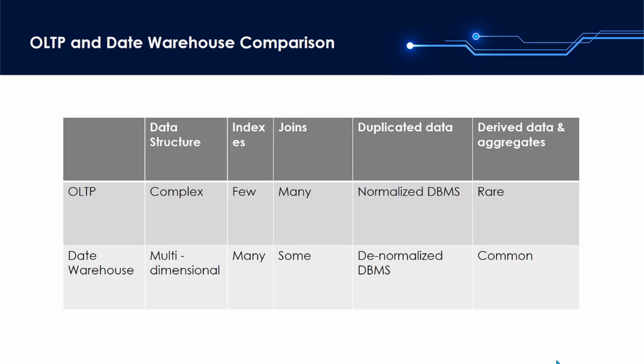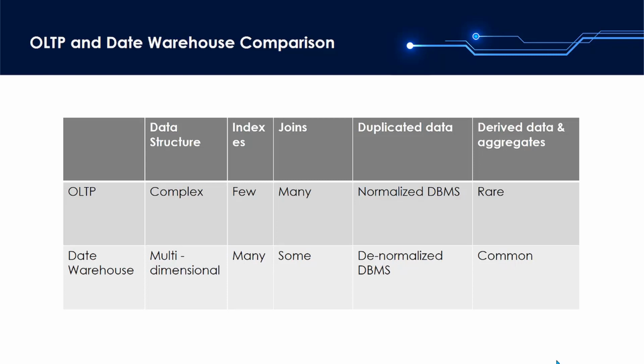Now, let's compare certain aspects of OLTP and data warehouse. The comparison will be based on various elements that are useful when executing queries on the data. In terms of data structure, we get a complex data structure with OLTP, unlike the multidimensional structures that we get in a data warehouse.